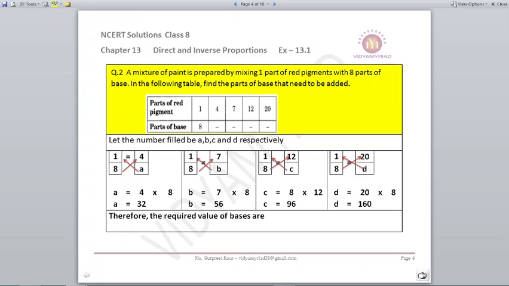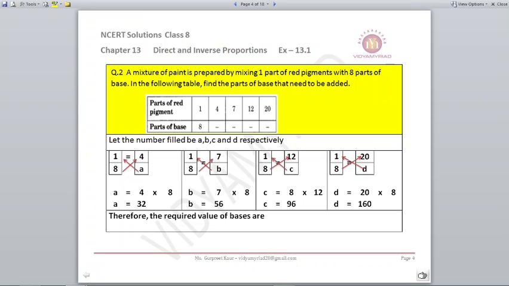Which means that when the red pigment is 4 parts, the base required will be 32 parts. In the same way, 1 upon 8 is equal to 7 upon b. Cross multiply, b comes out to be 56. 1 upon 8 is equal to 12 upon c, so c comes out to be 96.